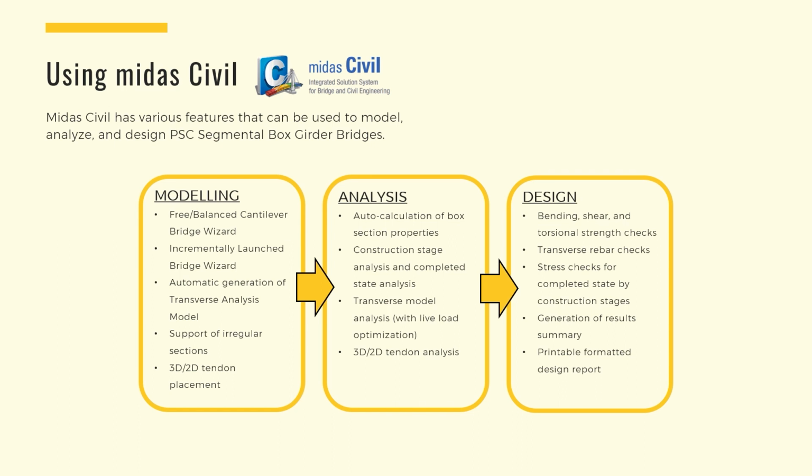There is also the ability to check the transverse rebars. And we can also check the stresses for all of these stages, including the different construction stages. And lastly, we can generate the results and print a formatted design report.